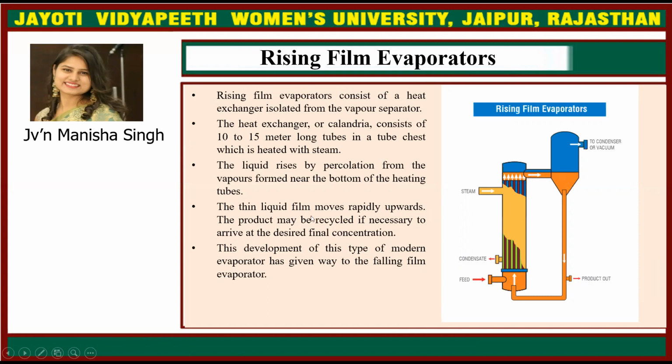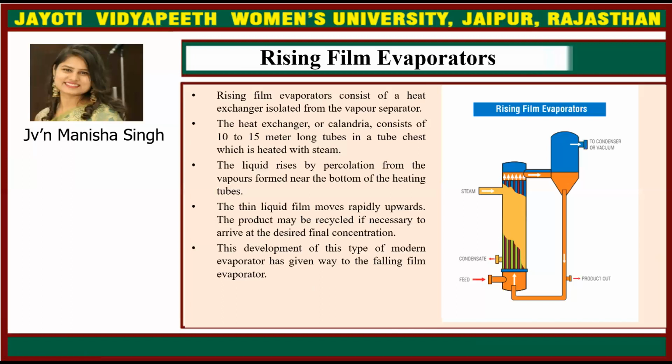The thin liquid film moves rapidly upwards. Because the liquid rises, that's why it is a rising film evaporator. The product may be recycled if necessary to arrive at the desired final concentration.